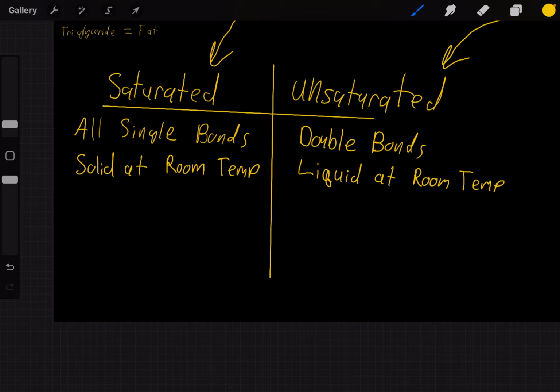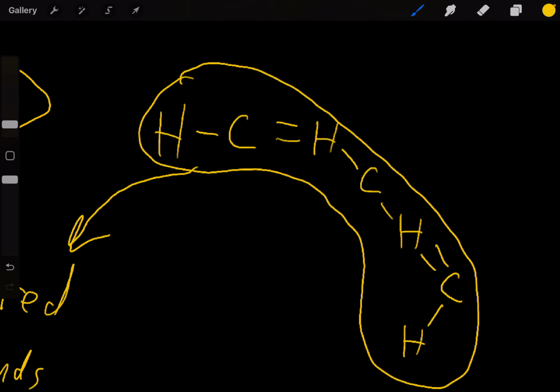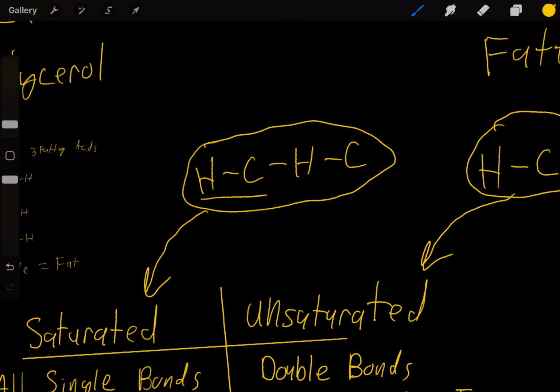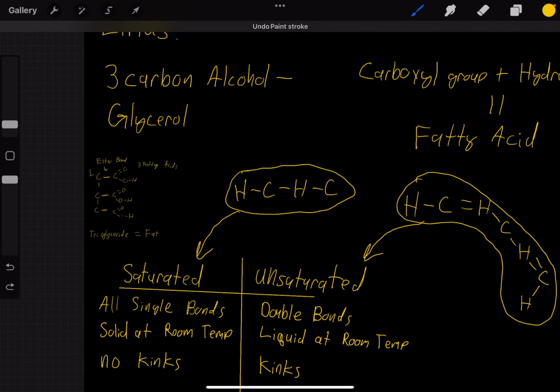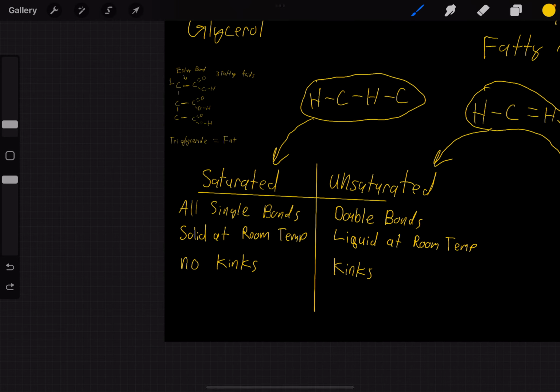And again, unsaturated has kinks, and this one has no kinks. Kinks meaning it bends right here. So this bend is a kink, this bend is a kink. The saturated would just mean it's straight. And that's all for saturated and unsaturated.